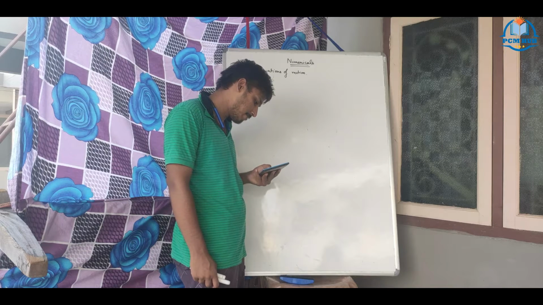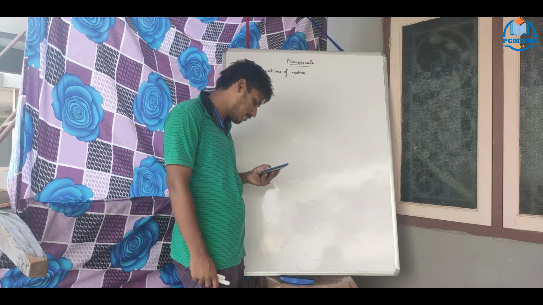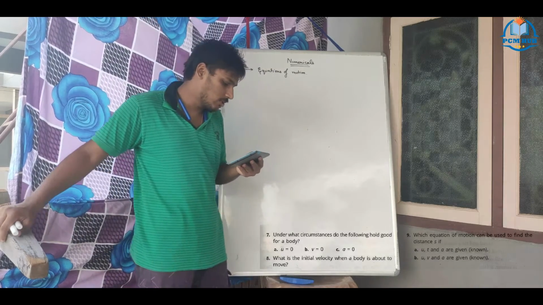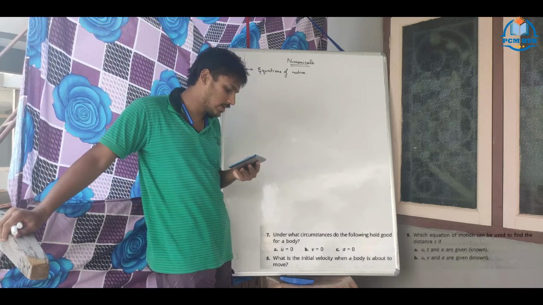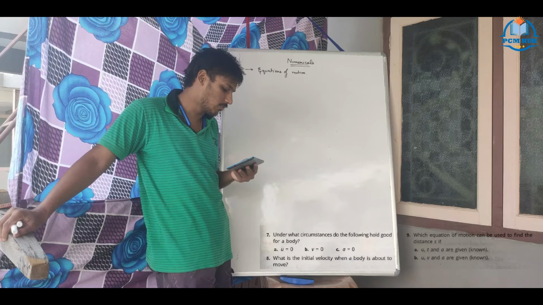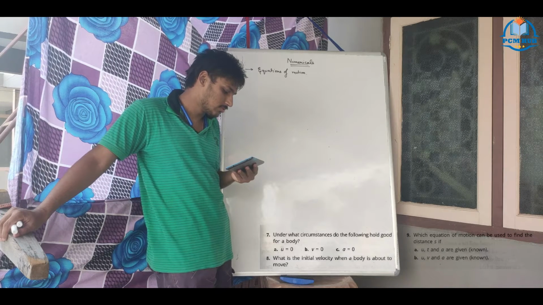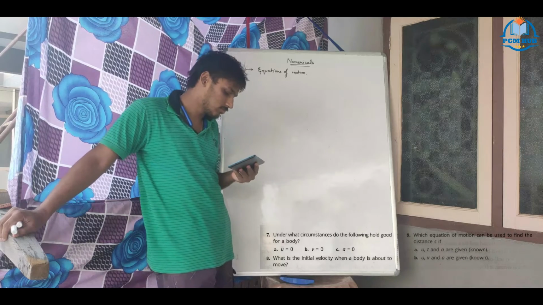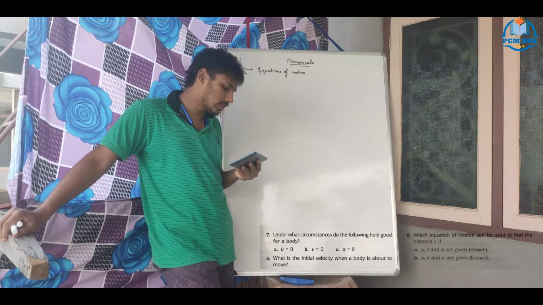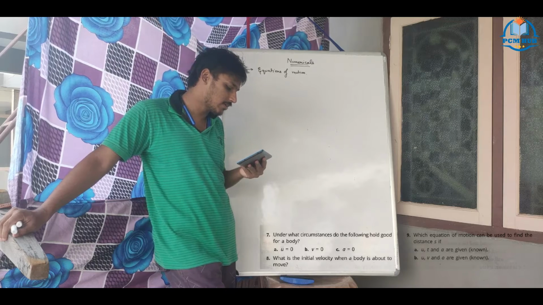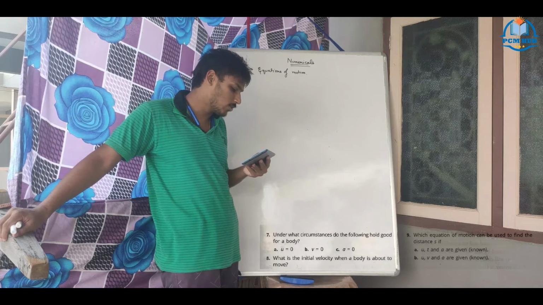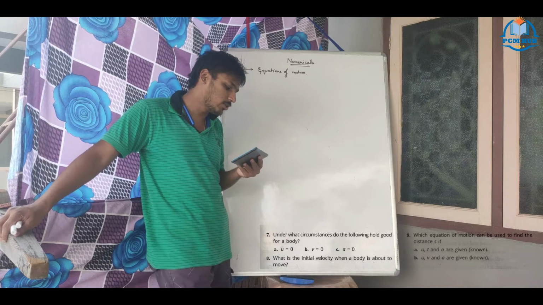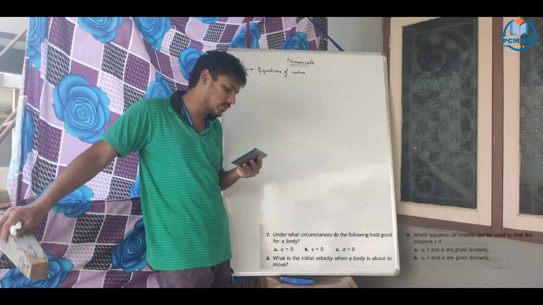Under what circumstances do the following hold good for a body: a, u equal to 0; b, v equal to 0; c, a equal to 0?